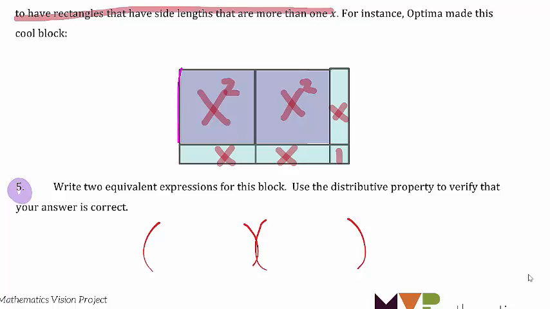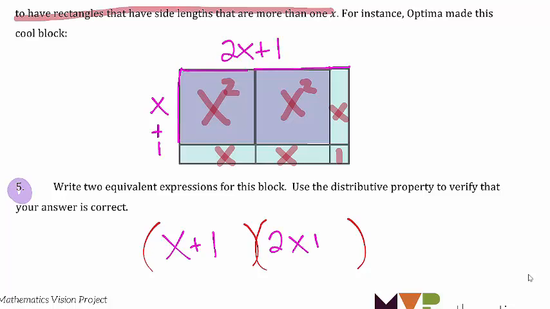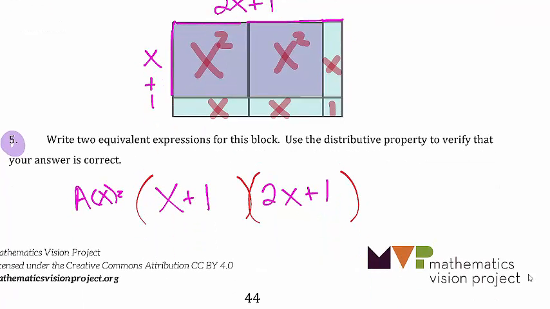And it is x plus 1 on this side, and 2x plus 1 on this side. And I'm going to leave you to write the other version. A of x equals blank x squared plus blank x plus blank.